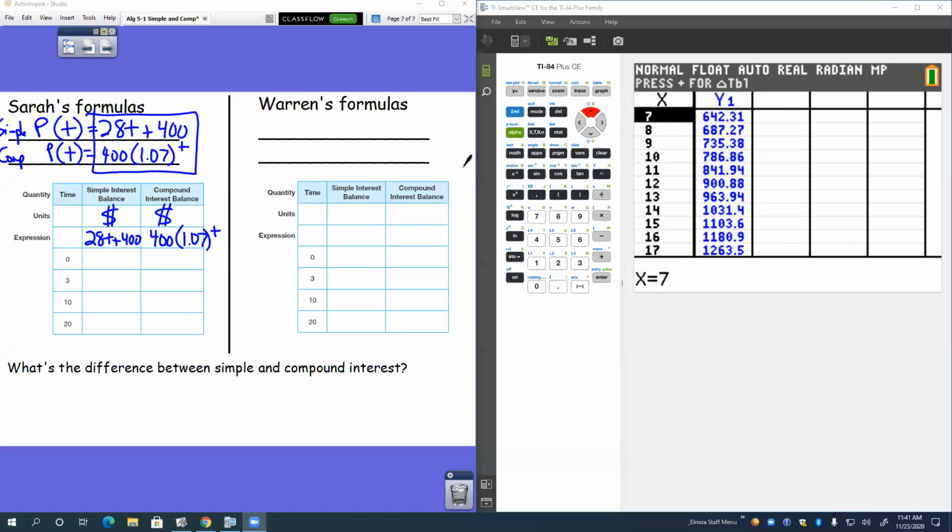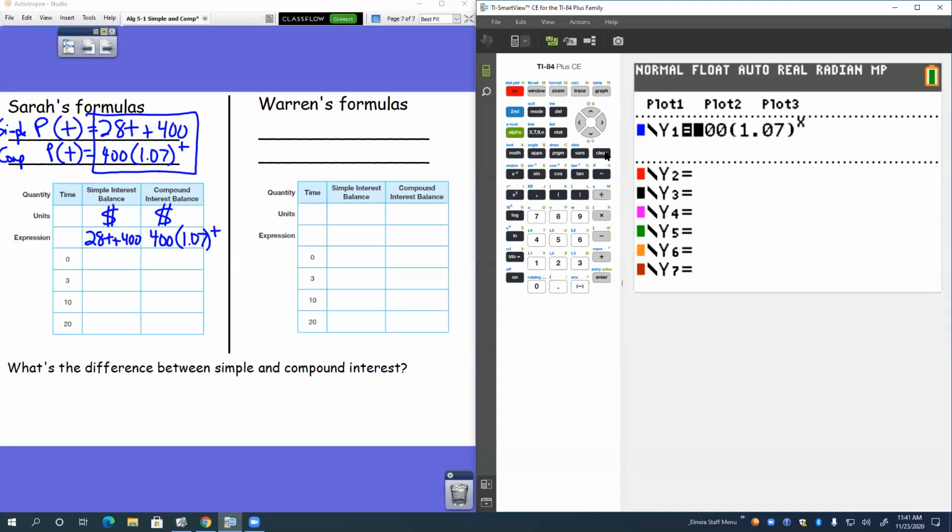There we go. So the easiest way is to take these and type them into your y equals. Since the compound interest one is up there first, I'm going to do that one first. We could sub that in and go to second and table.